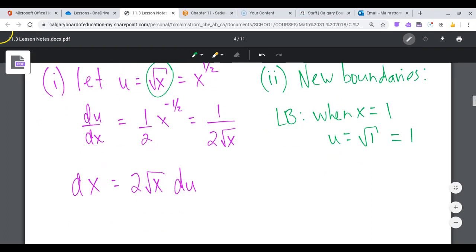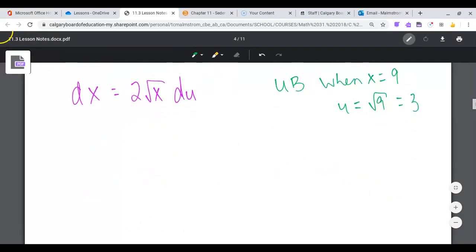Now the upper boundary was 9. So when x is 9, what would u be? u would be equal to the square root of 9, which is 3. So now I have my new upper and lower boundaries, and now I'm going to make my substitution.